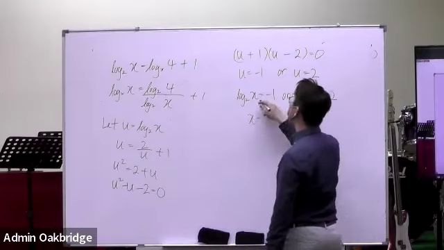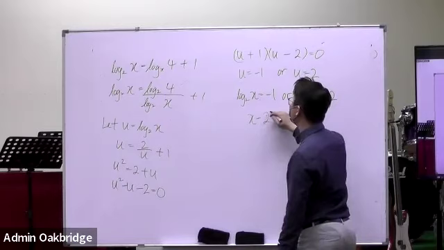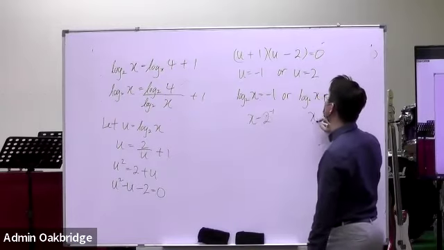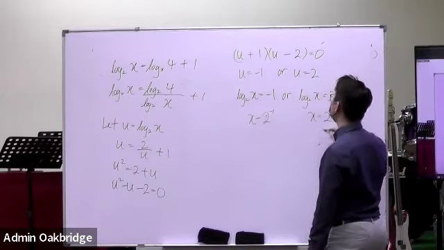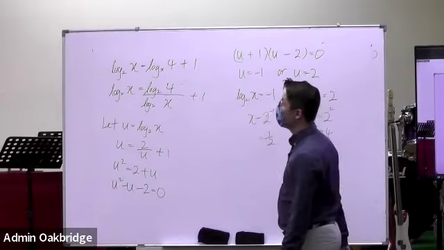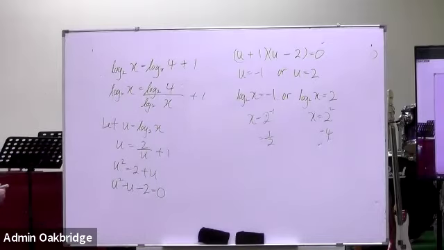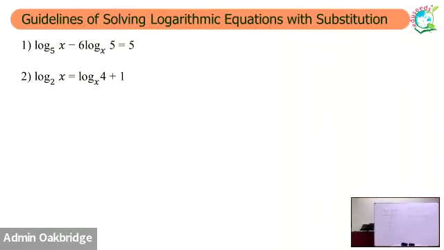Now you know that x is 2 to the power of -1, and this one, x equals 2 to the power of 2. So this is 4, and this is 1 over 2. Is that possible? Yes, still possible. Then just verify the solution with the original equation. Make sure it's correct.